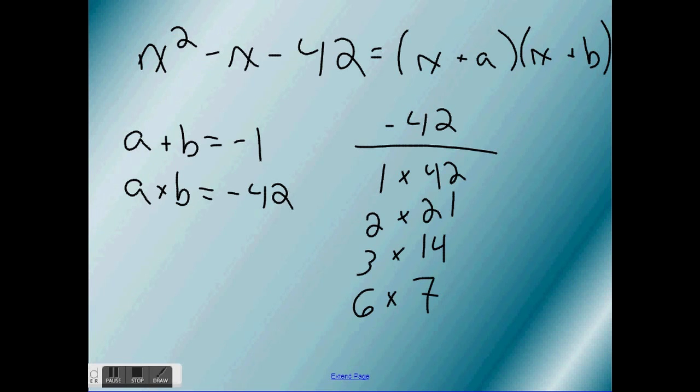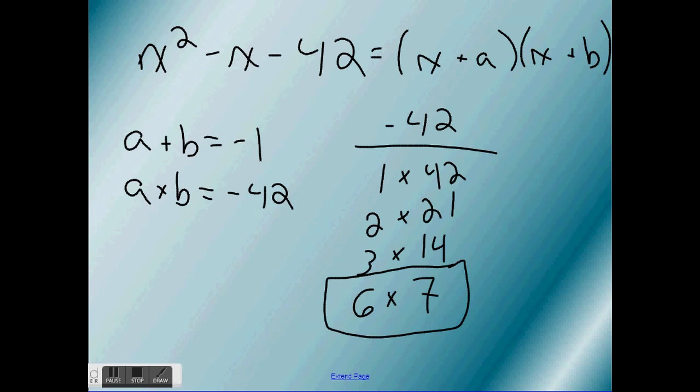If I subtracted these from each other, would I get 1? No. Would I get 1? No. Would I get 1? Yes, I would get 1. Exactly. So these are the numbers I'm going to use, 6 and 7.